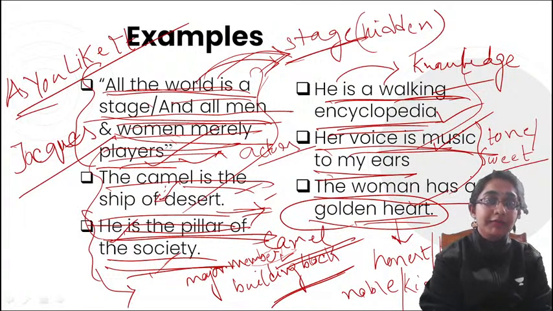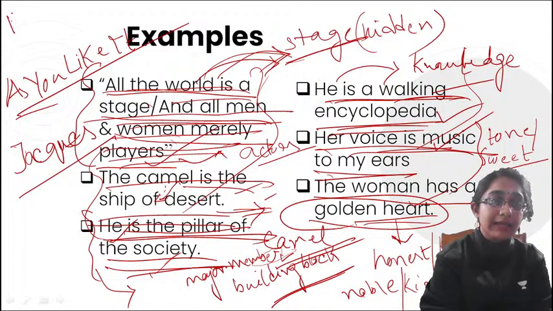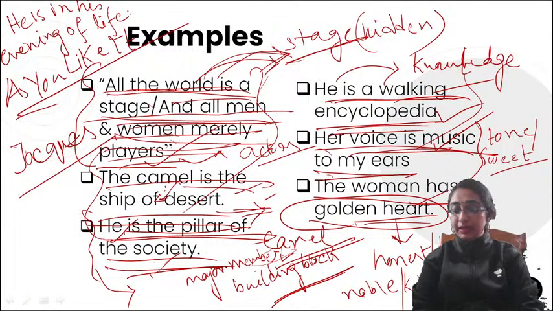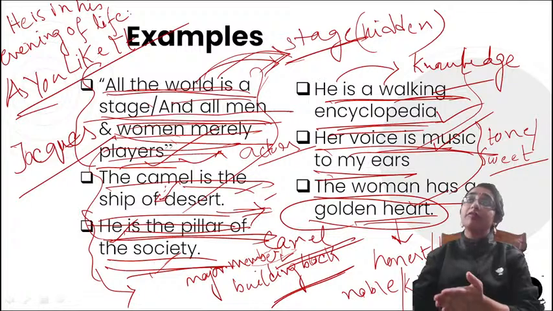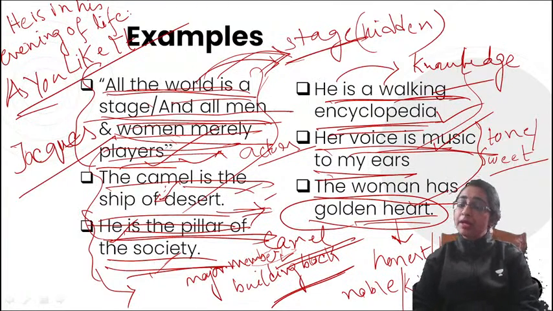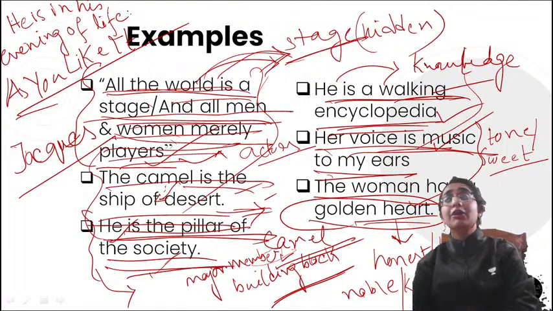Now, I will give you some other examples. For example, I am saying that he is in his evening of life. What does that mean? Evening means the end of a day, right? As I have told you, morning shows the day. Similarly, evening is the end of the day.